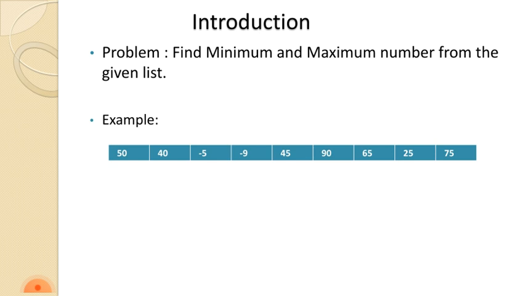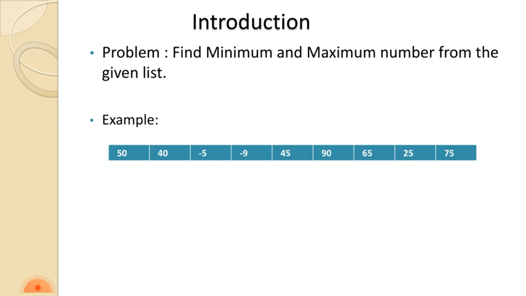If any number is less than 50, then we consider that number as the minimum. So let us check which is our minimum number from our list. For example, we are assuming that 50 is the minimum number.